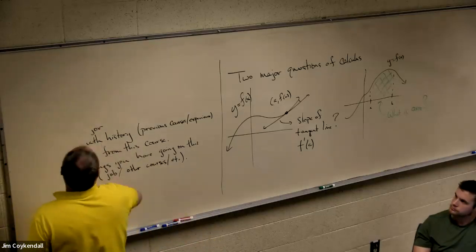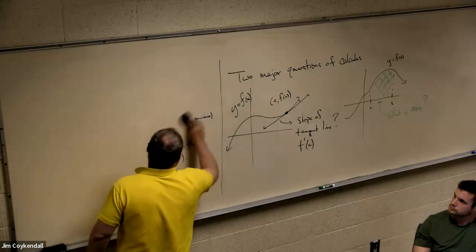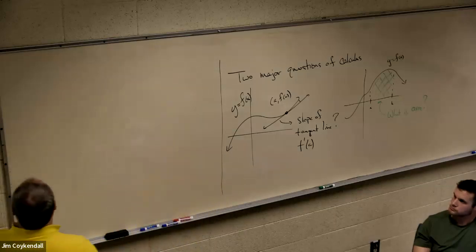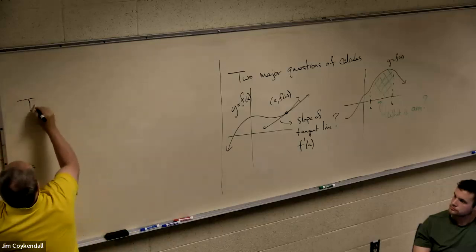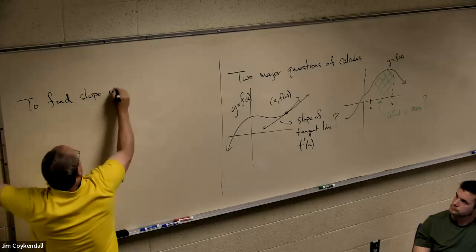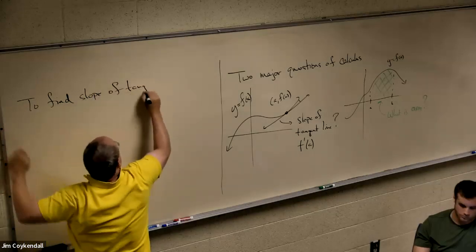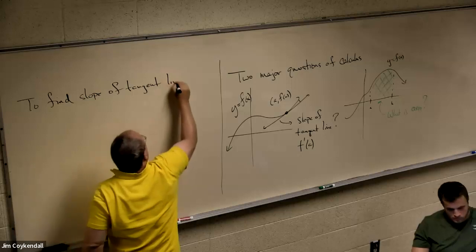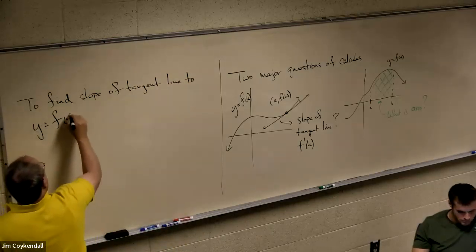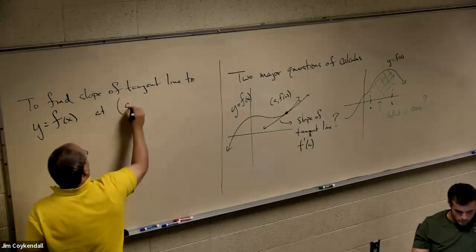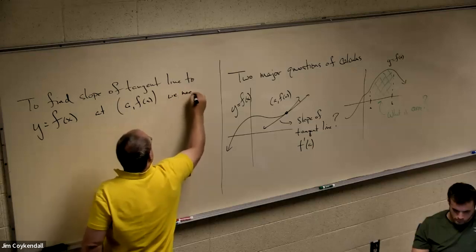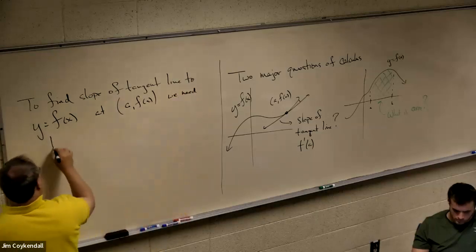In the first problem, you've already sort of seen the solution of this. Find the slope of the tangent line to this function f at x equals a. We need the derivative.